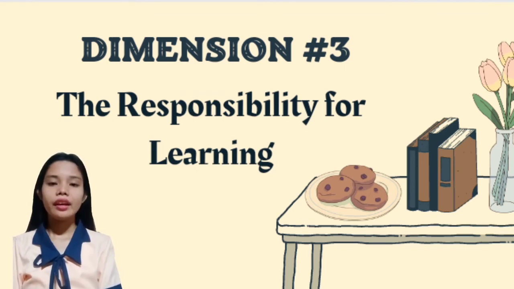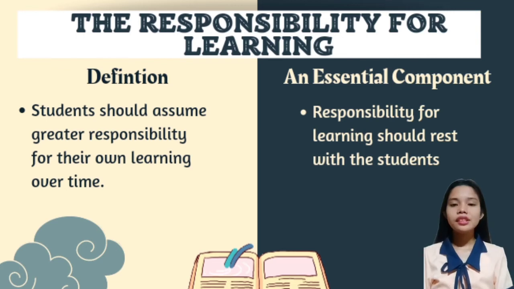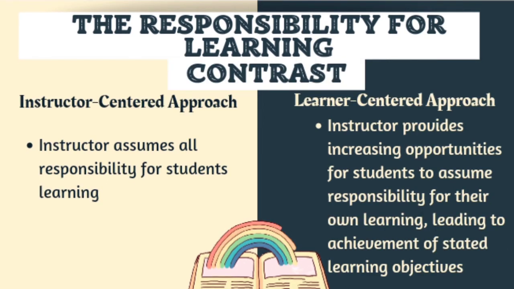Topic number 3, the responsibility for learning. The definition of this dimension is that students should assume greater responsibility for their own learning over time. An essential component of this dimension is that responsibility for learning should rest with the student.